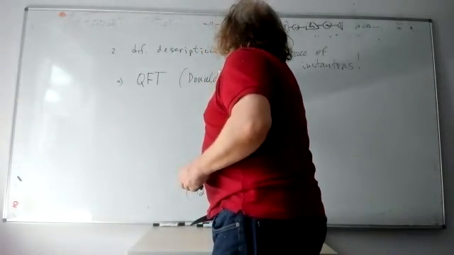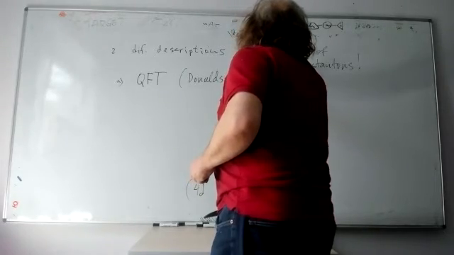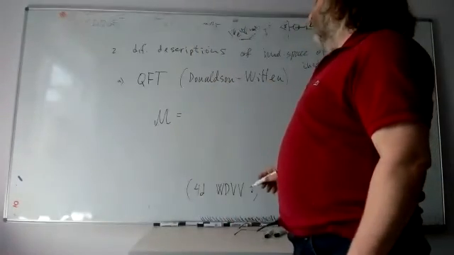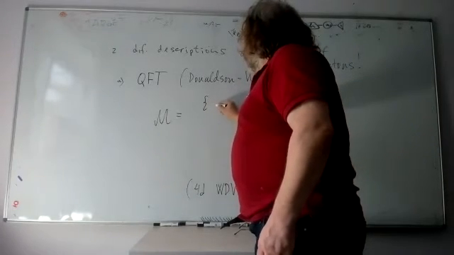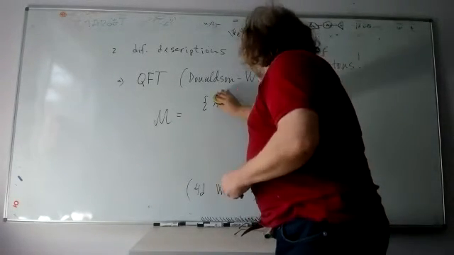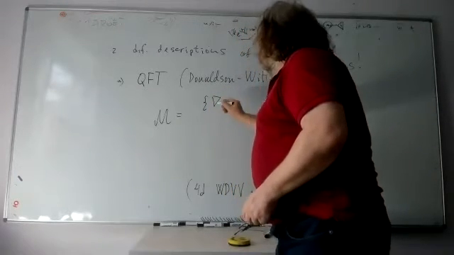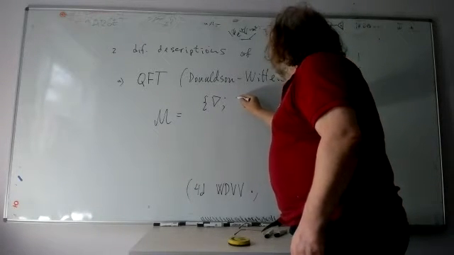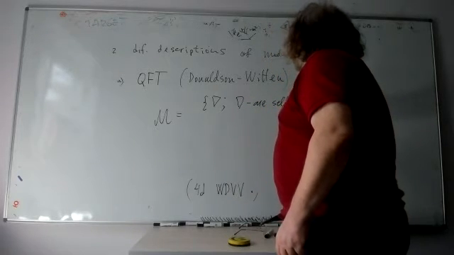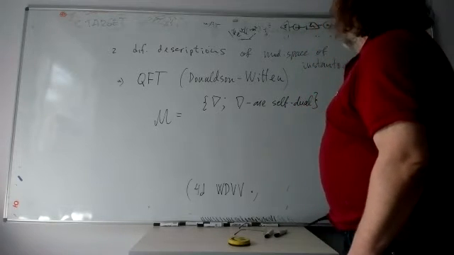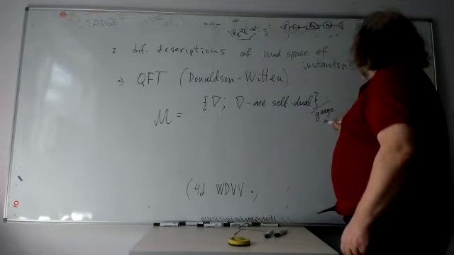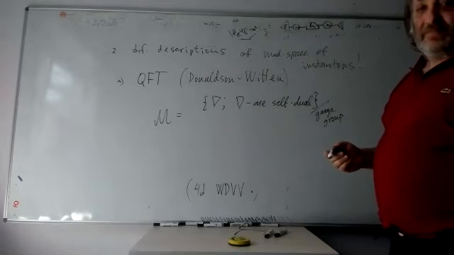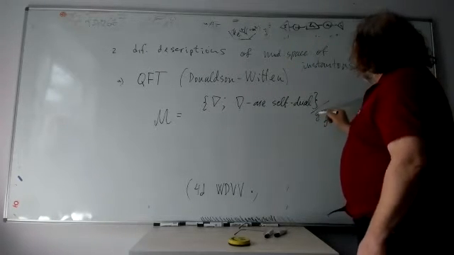I'll call it Donaldson-Witten. The moduli space is the space of connections with the condition that they are self-dual, and you take a factor over the gauge group. So it is, of course, a quotient.